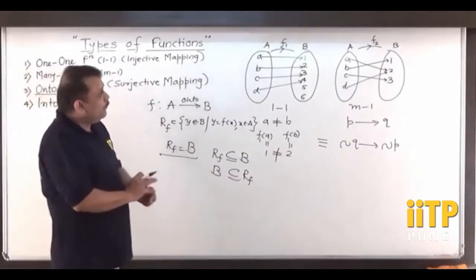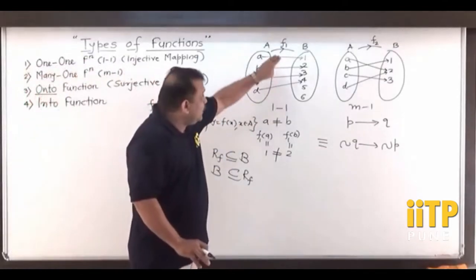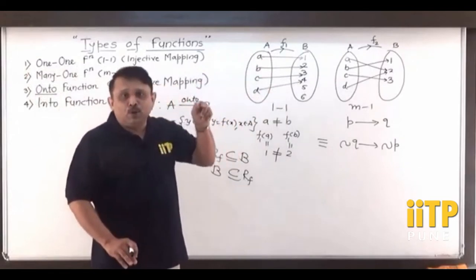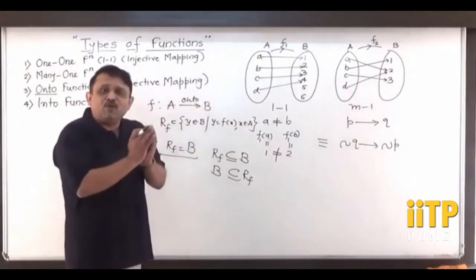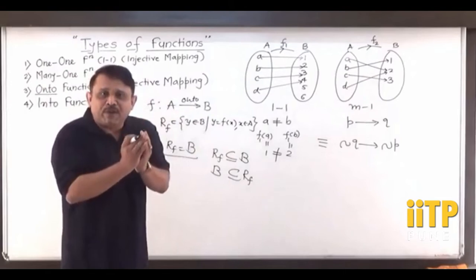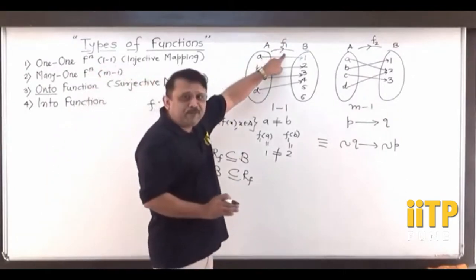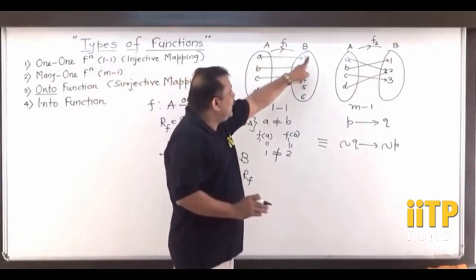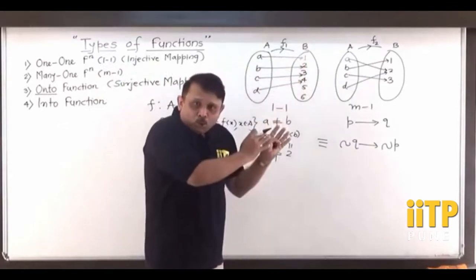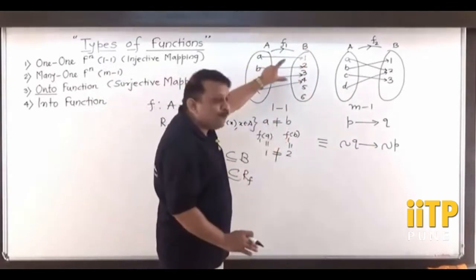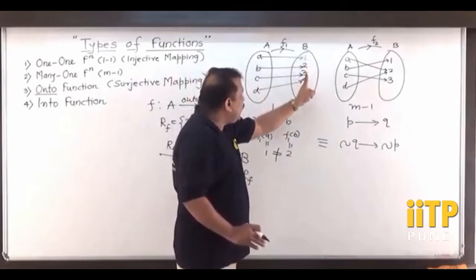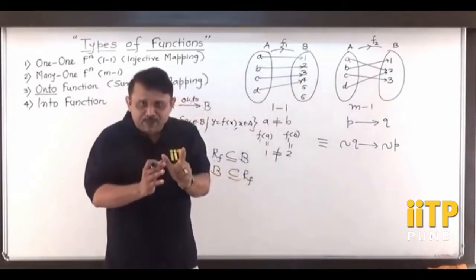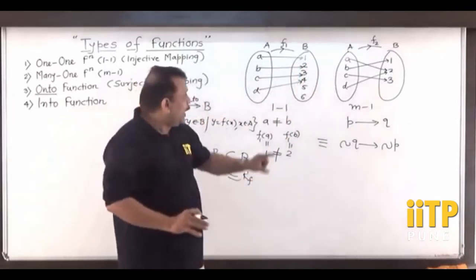Let's see whether in this example this function is onto or not. If I want to find the range of the function f1, I must collect the elements of capital B towards which the arrows have come. So 1, 2, 3, 4. These are the elements towards which the arrows have come.